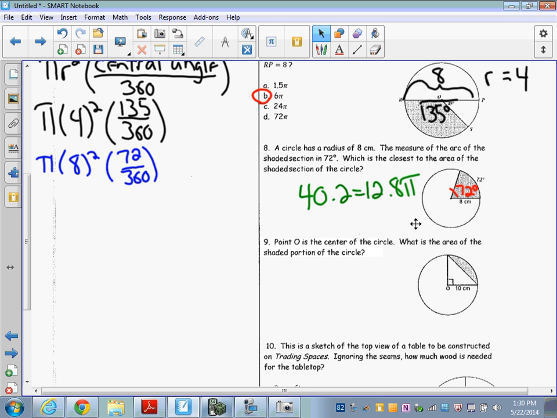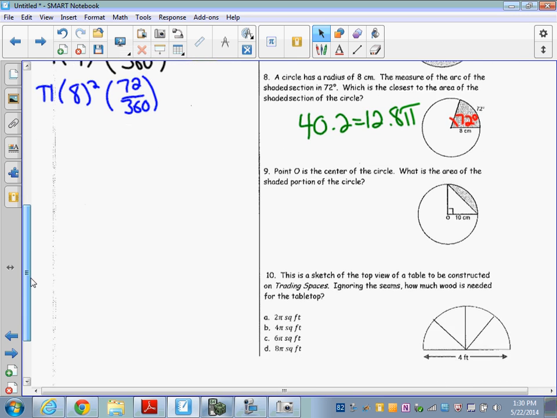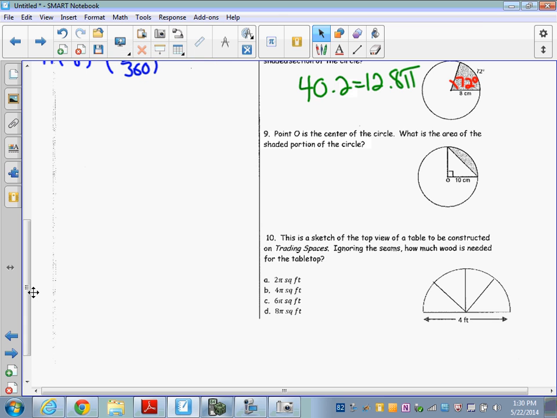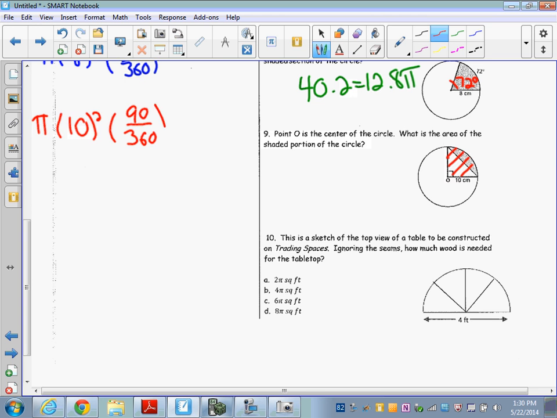So number 9 is very similar to 7 and 8. First, I can find this total shaded area in red. I can do that using the same exact formula. So pi times 10 squared. This time my central angle is 90 over 360. But I have one more step.